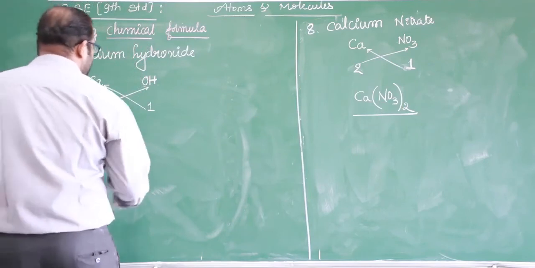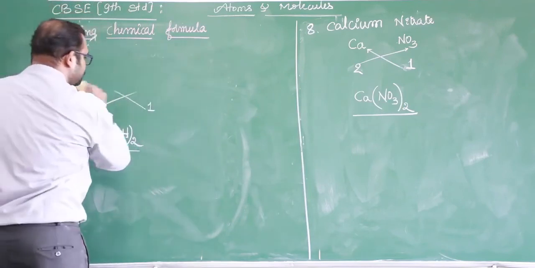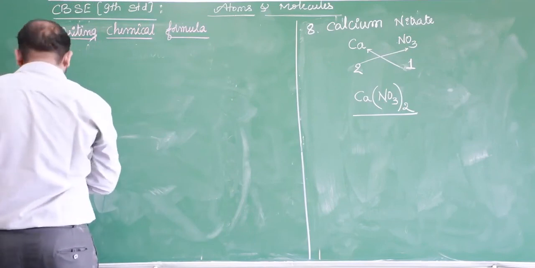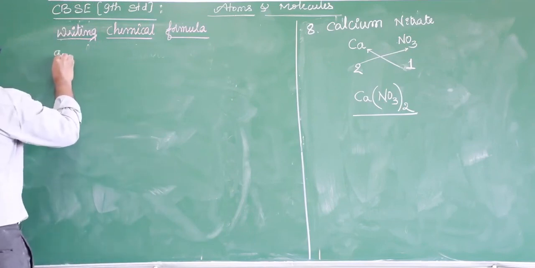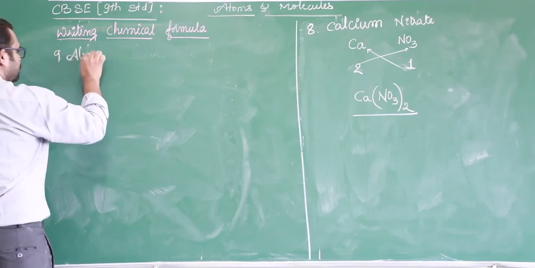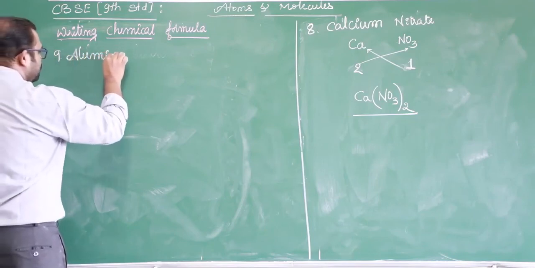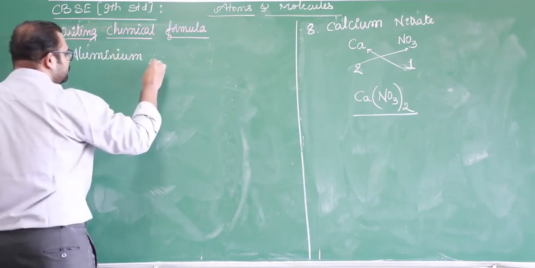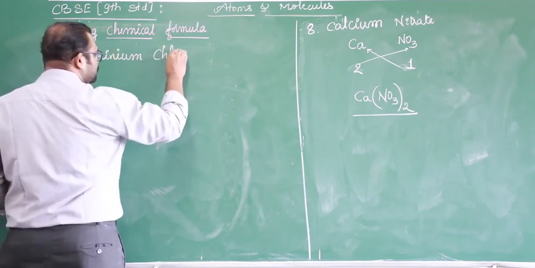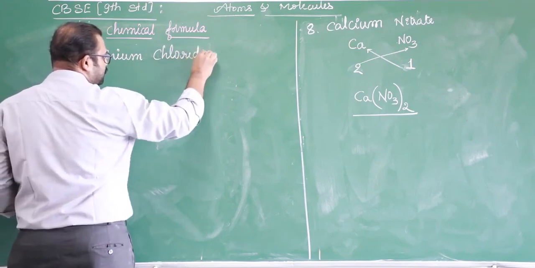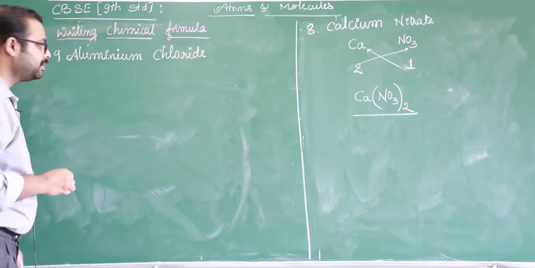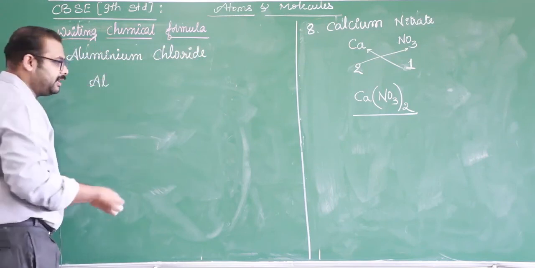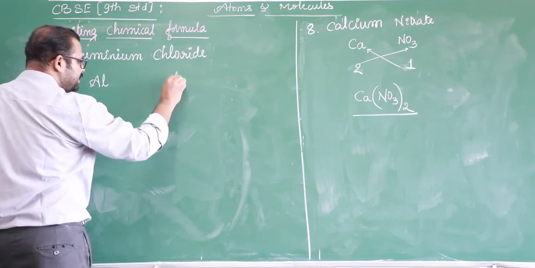Let's see two more examples. Aluminium chloride. Say the symbol is Al and chloride, we know that this is Cl.